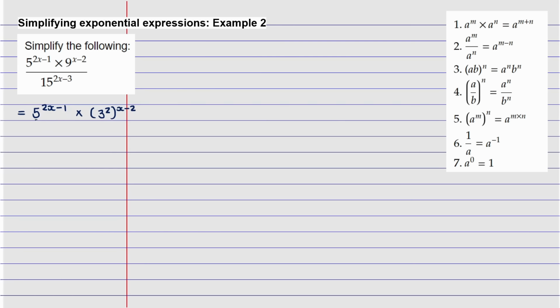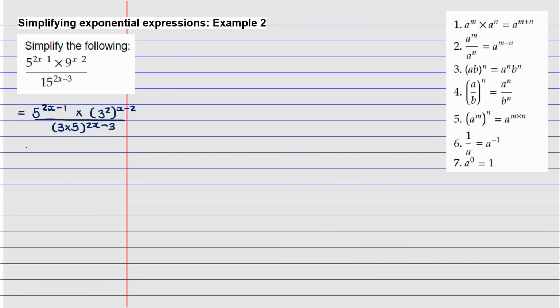Then this whole thing is going to be divided by 15, which changes into 3 multiplied by 5, to the power 2x minus 3. I hope that makes sense.